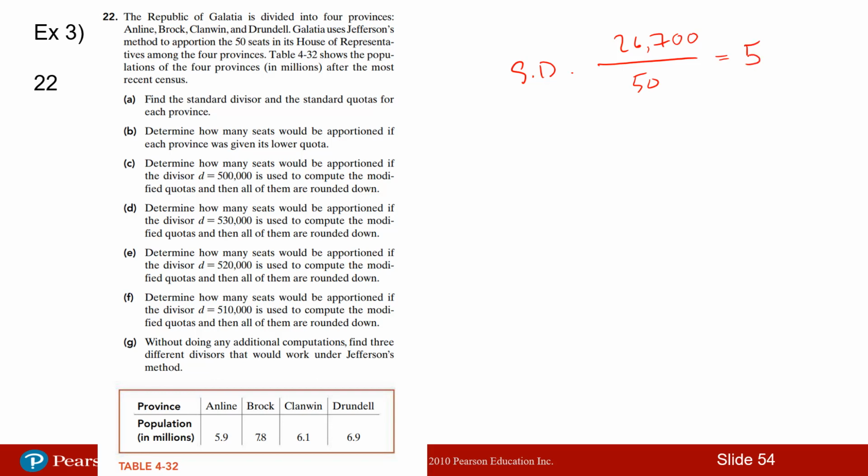So 534,000, is that right? Okay, so real quick here, 534,000 is it. So this is still, we're working with A, right? So A, B, C, and D. Are we good there?